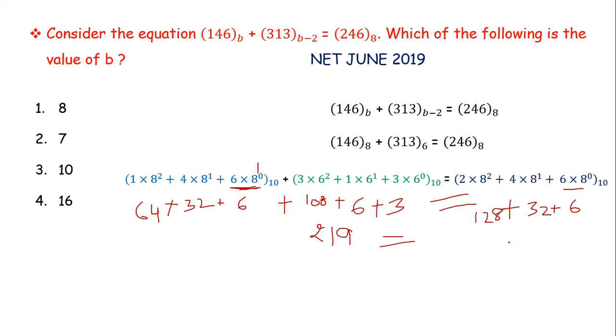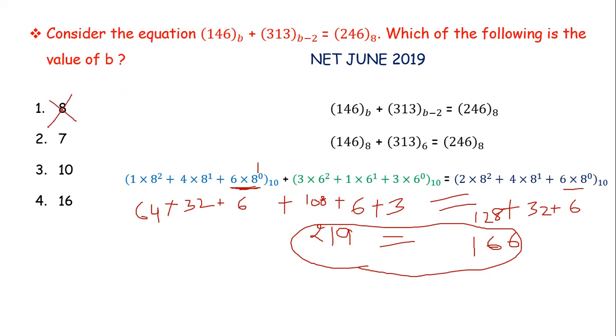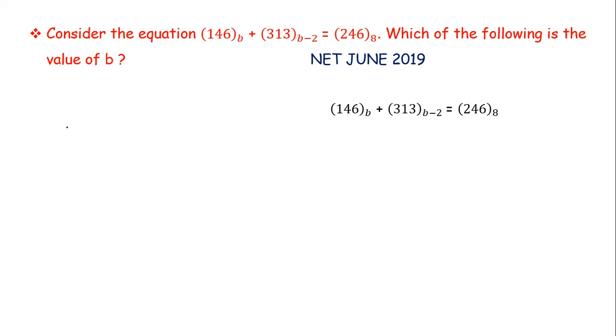So its total will be 166. So here you can see 219 is not equal to 166. So b equals 8 is not our correct answer. So next we will move to our next option, that is 7. Now we will put 7 as b.